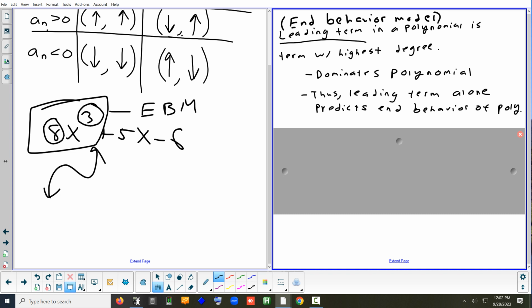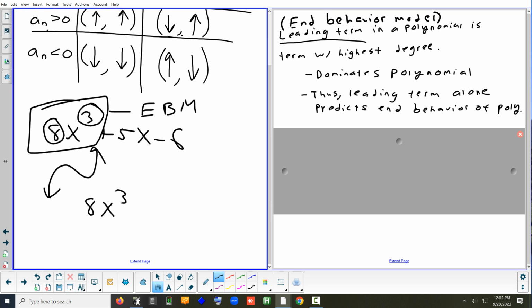So if I asked you for an end behavior model of this, you would just write 8x cubed. It's just the leading term. We can do another example of that if you want tomorrow. But that pretty much covers everything that was in that section.